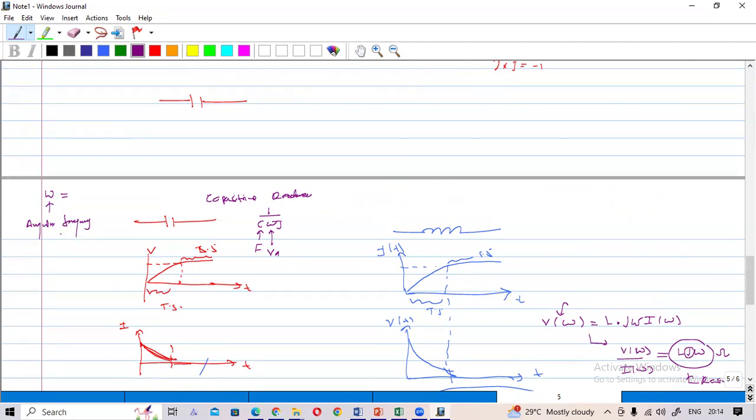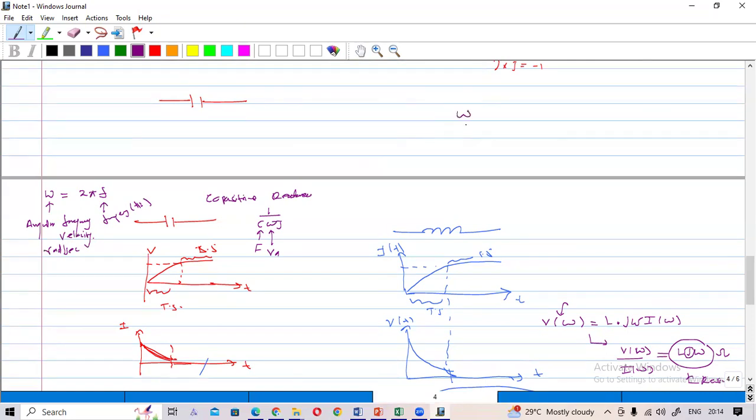Actually, that is angular velocity, but normally referred to as angular frequency, omega. And this is equal to 2πf. This f is the frequency, measured in hertz. So this omega is measured in radian per second. This is very important. You have to remember this.